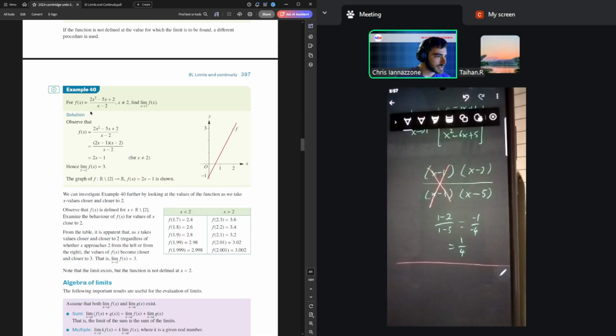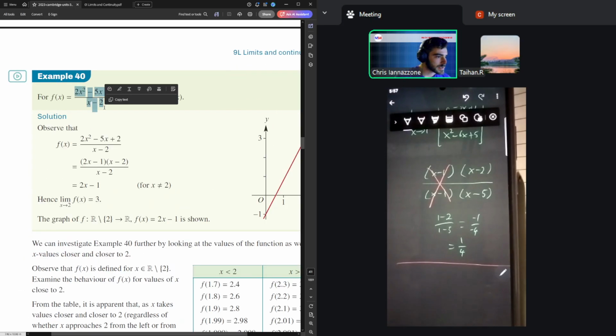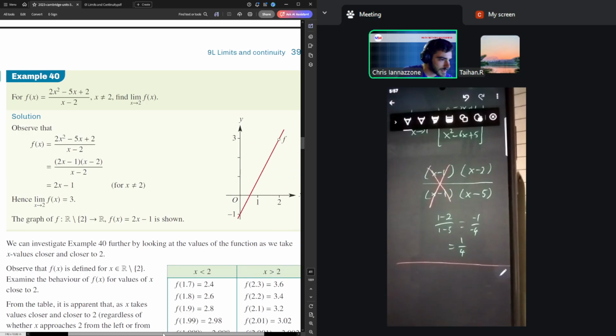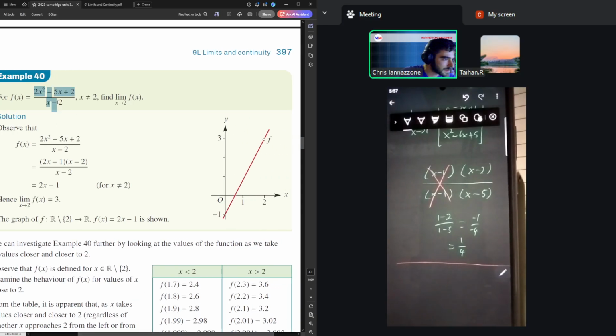So we had this example of a quadratic divided by a linear. We go through the procedure, and we're shoving in x equals 2. We get a value of 3, right? What's that all about? We know it's a limit because it says limit there, but what's the difference? Well, this graph is functionally identical to 2x minus 1 when all is said and simplified, because this is just algebra, right?